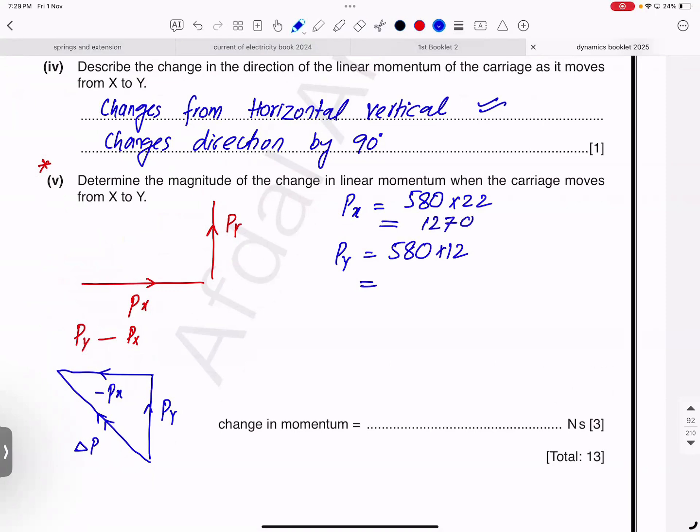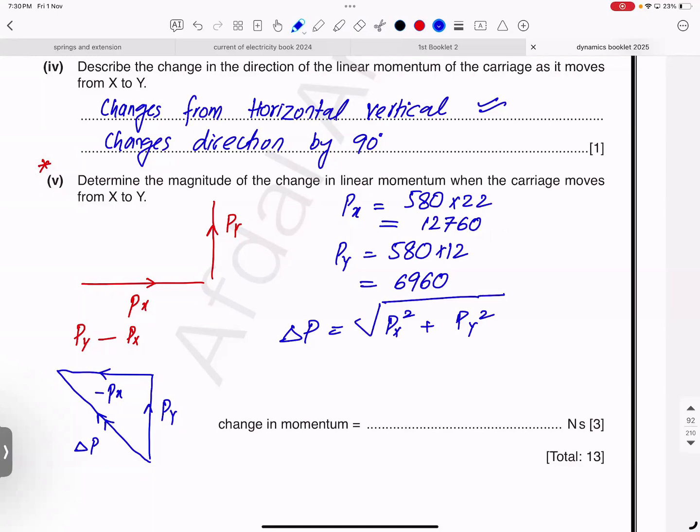12,760. Okay, and vertical 6,960. So change in momentum, Px square plus Py square, square root. I am not subtracting.